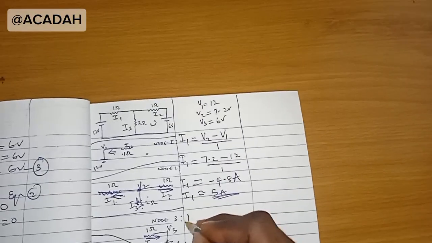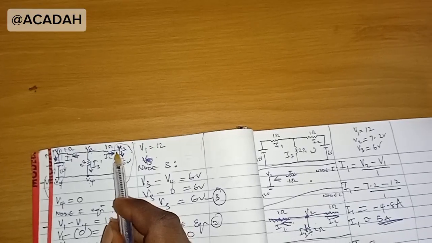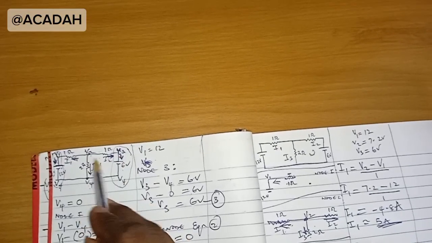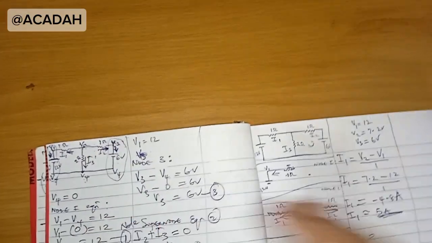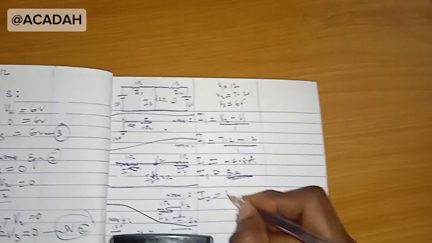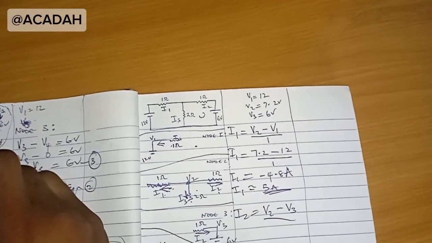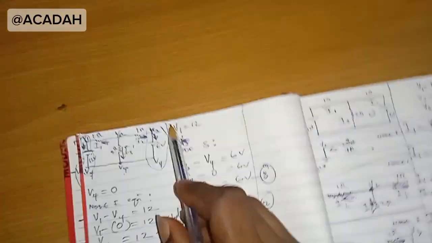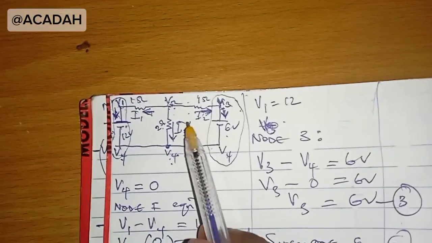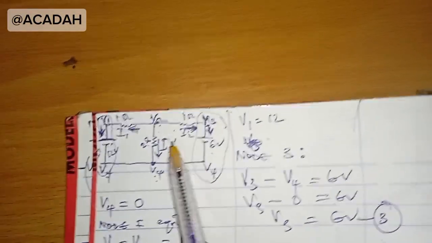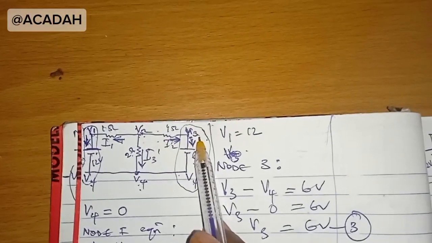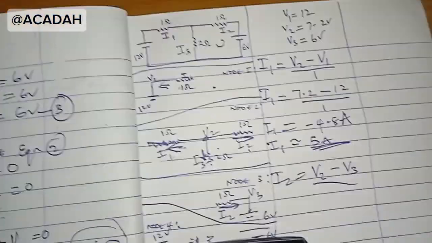So now for I2, is going to be in between what? V3 and V2, and it is moving from V2 to V3. So it's going to be V2 minus V3 all over what resistance is there? It is 1. Look at it, I2, V2 to V3 all over the resistance there, all over 1.